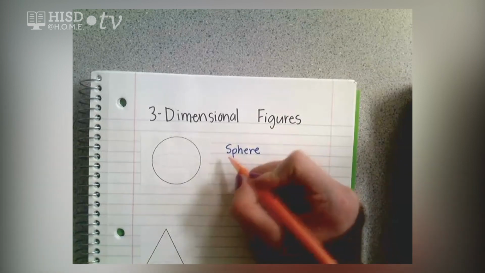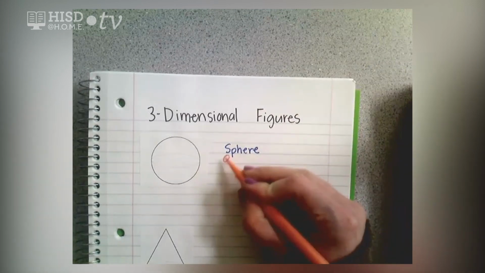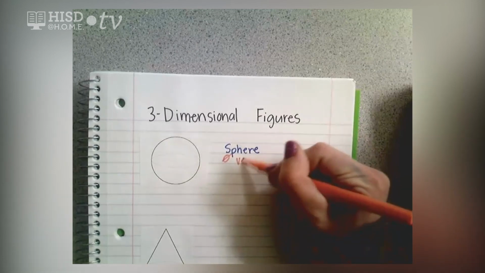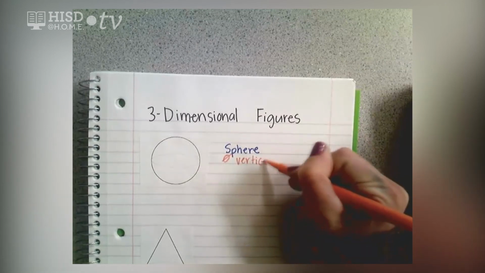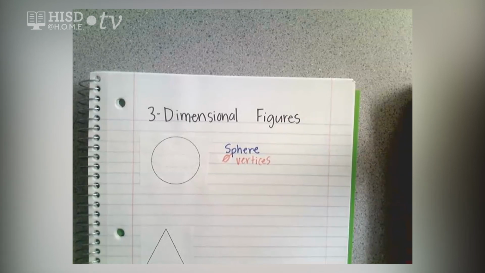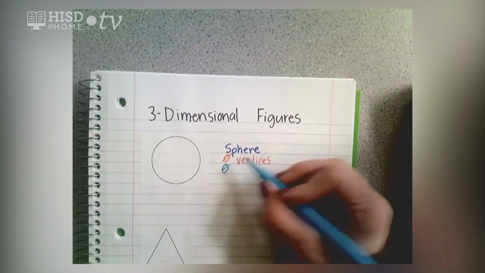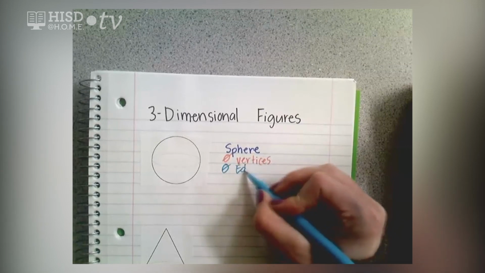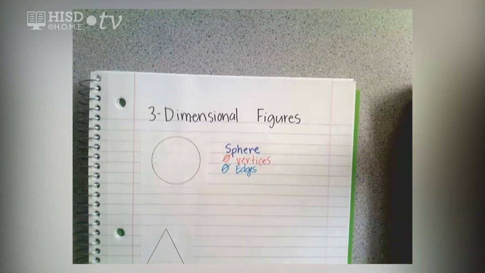We have 0 vertices, 0 edges, and one curved surface.